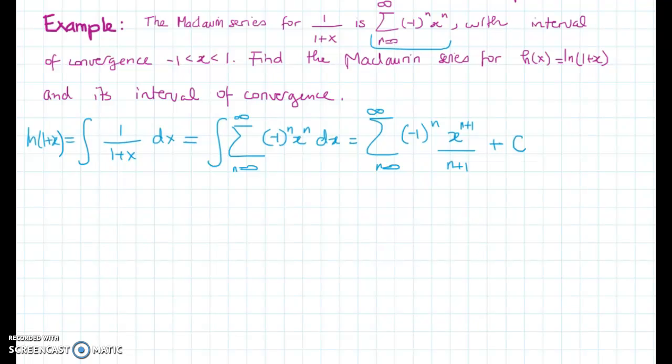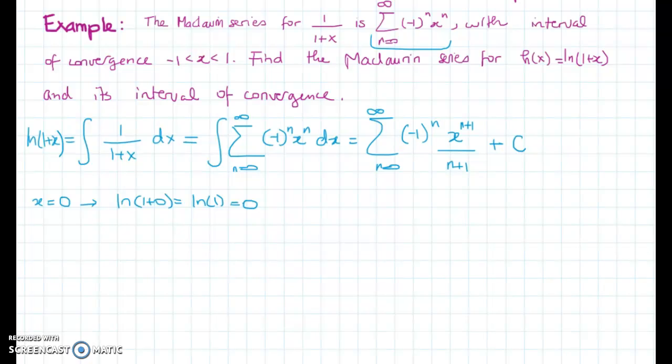Let's look at the value of the constant. Let's consider the case where x is equal to 0, so that's where we are centering our power series. In this case, we're going to have the logarithm of 1 plus 0, so the natural logarithm of 1, which is 0. On the other hand, we are evaluating our power series where it's centered, so actually we don't need to write all of it.